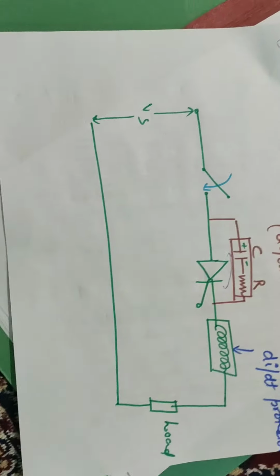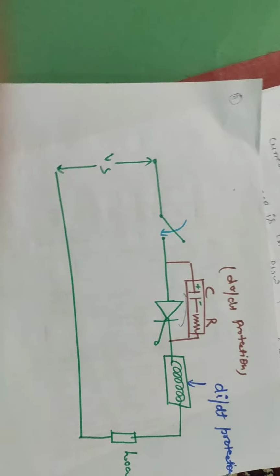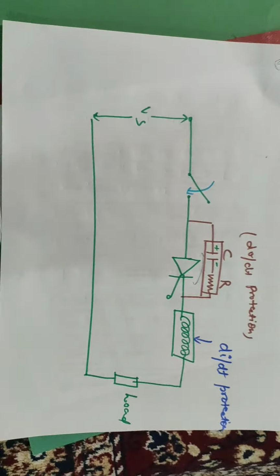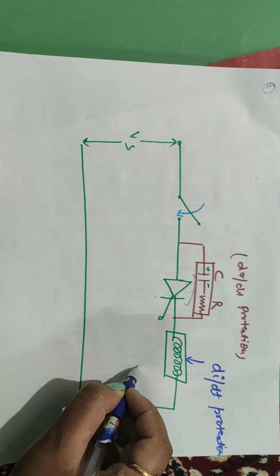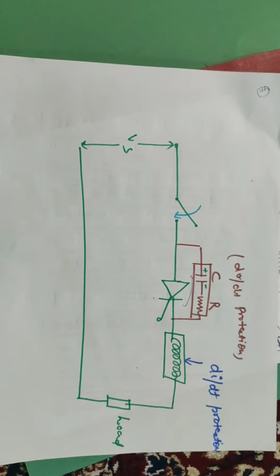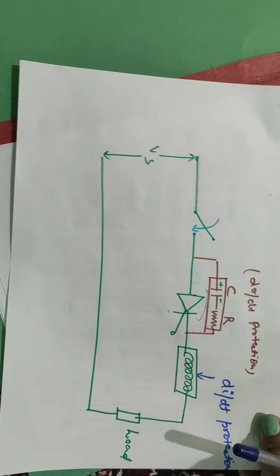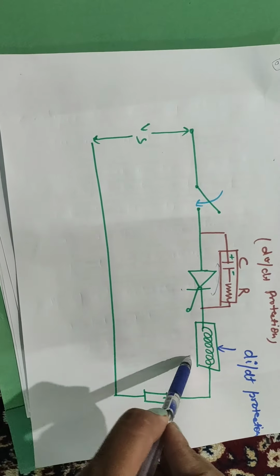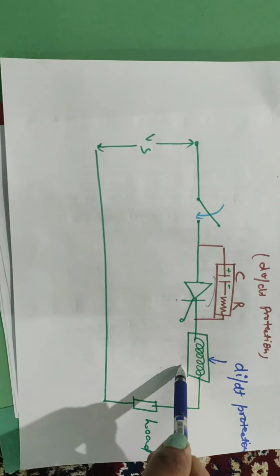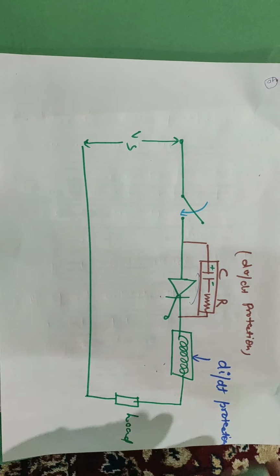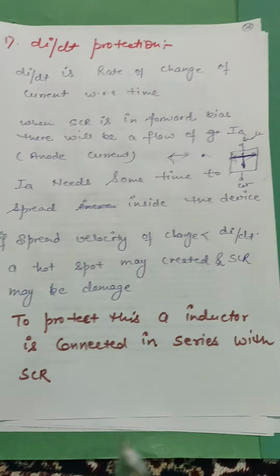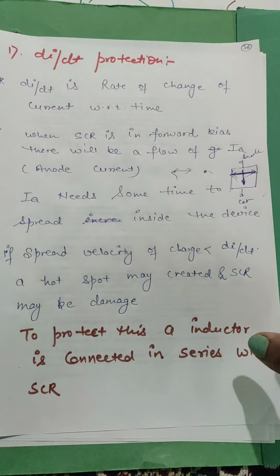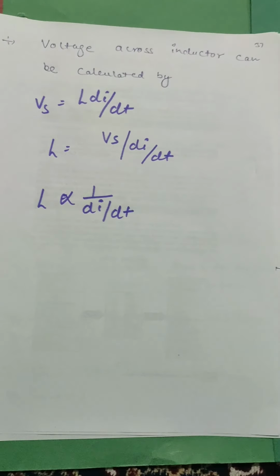You can see this. An inductor is connected in series with SCR. This is for di by dt. I will explain all the components. This is a small diagram for this di by dt protection.